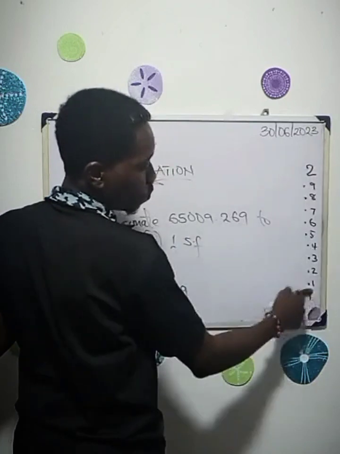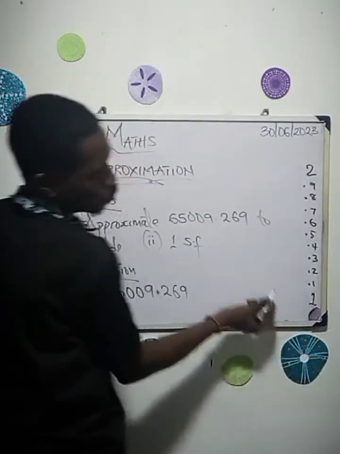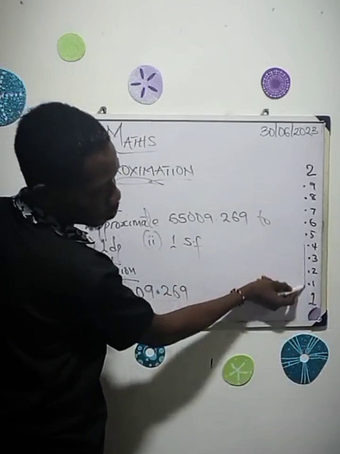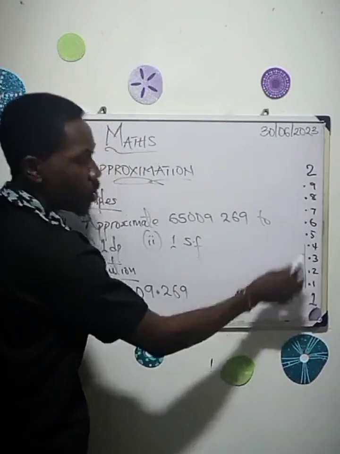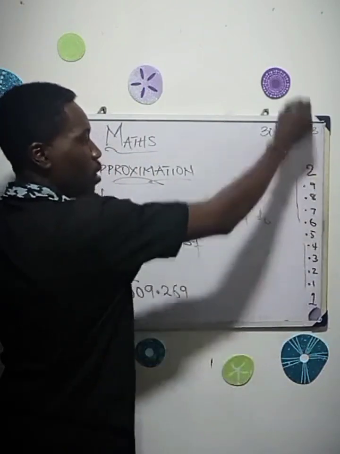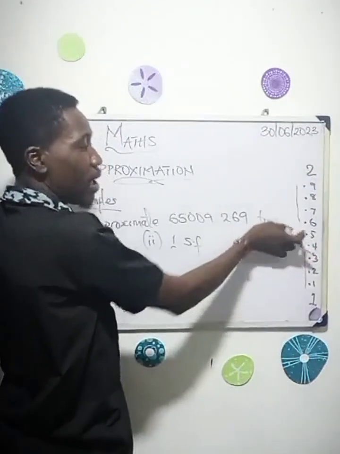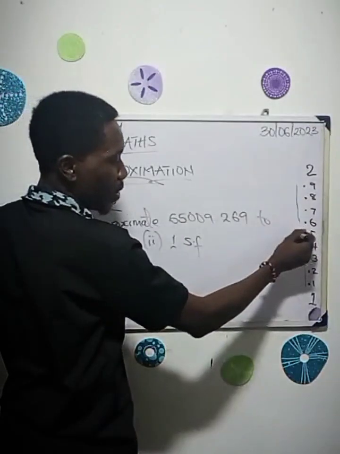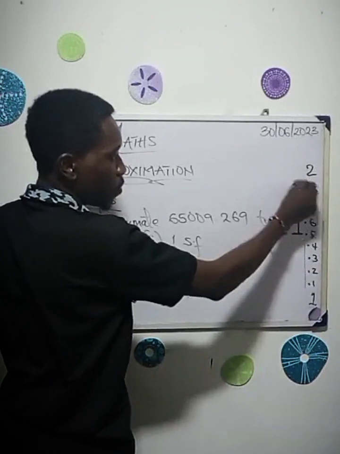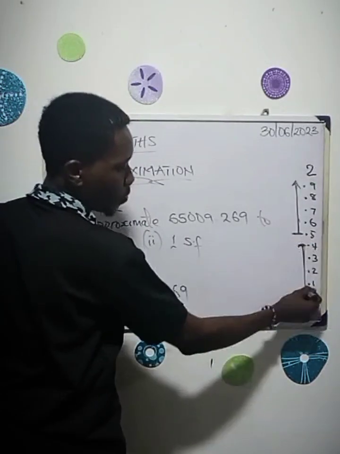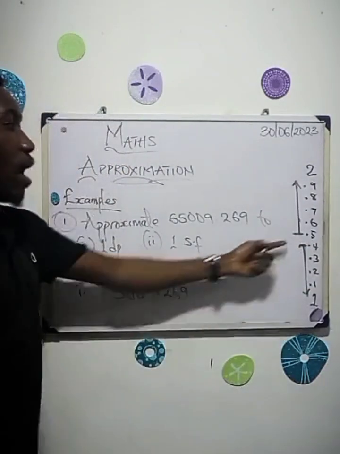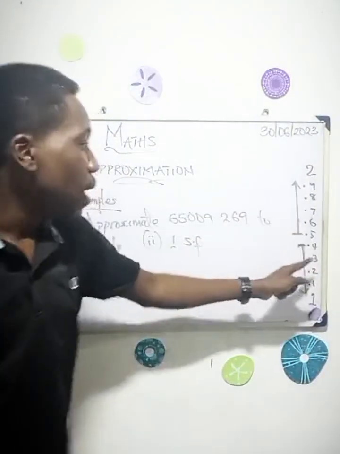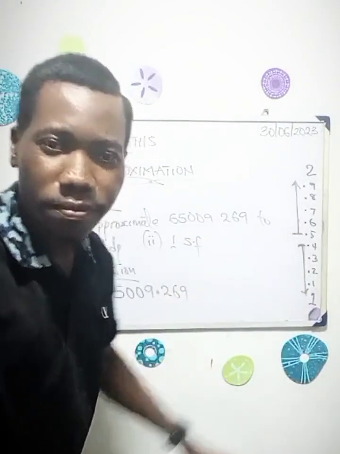So this is 2 and this is 1. All these numbers here, we are rounding down to 1. Then all these numbers here round up. So from here, we round up, but from here, we round down. So 5 upwards, we round up. 4 downwards, we round down.